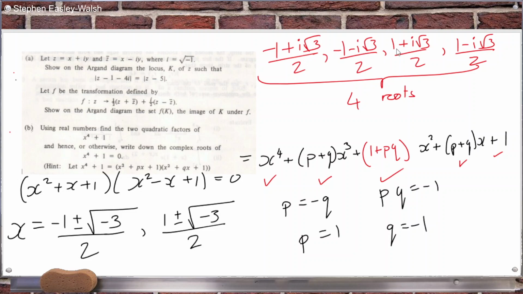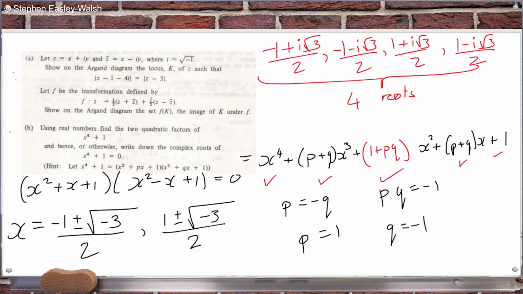And if you take any of them to the power 4, you should get minus 1. I wonder if I can check that on the calculator here. Let's have a quick peek, just to confirm these, since it was a little bit of a tricky question. Hang on, how do I do this again?